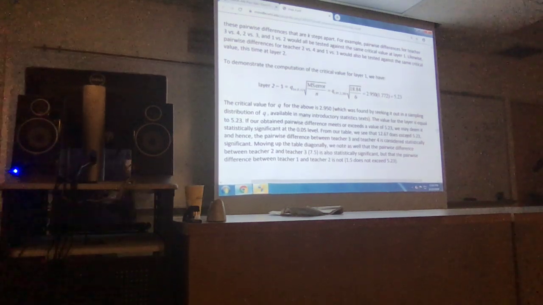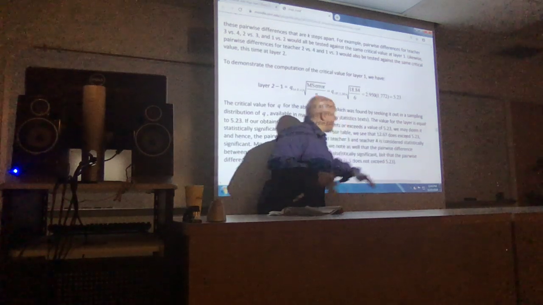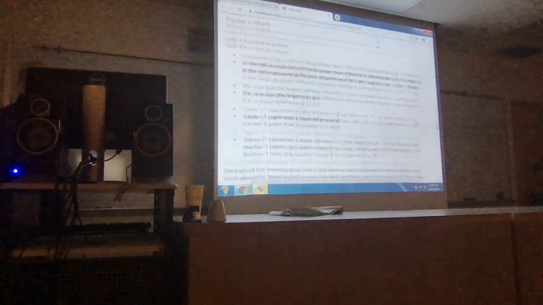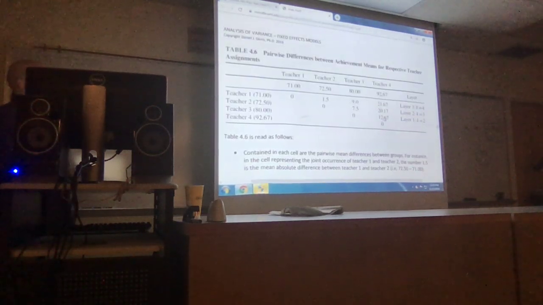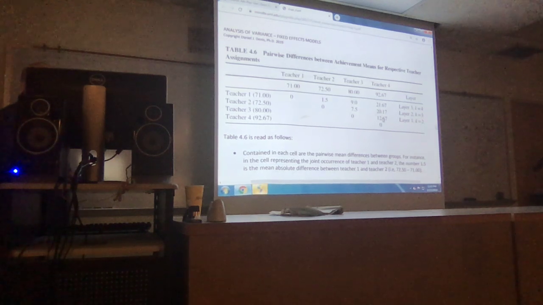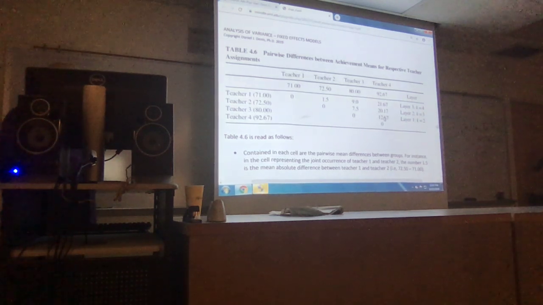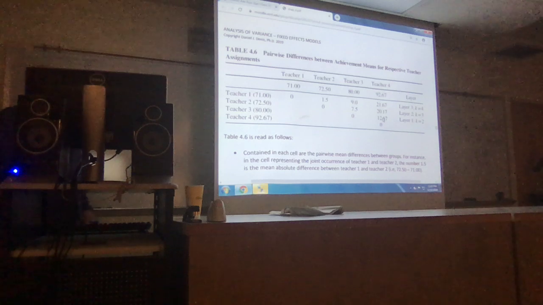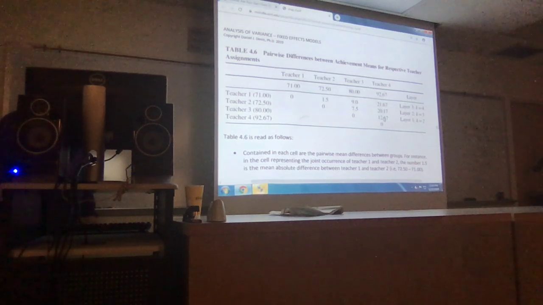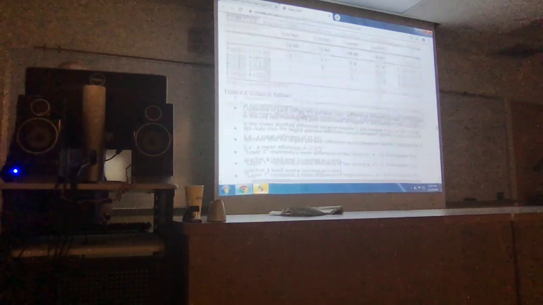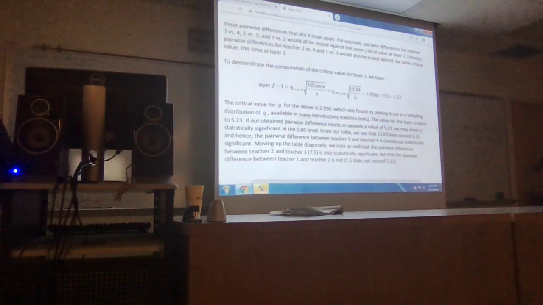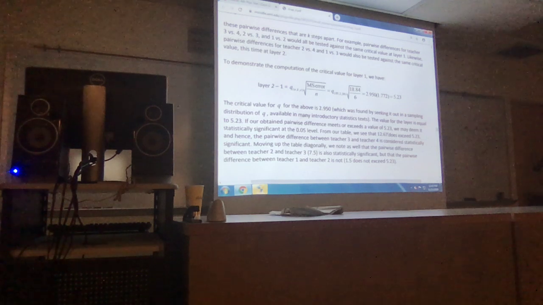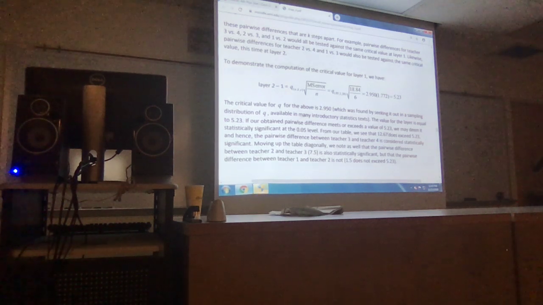We see that 12.67 does exceed 5.23, so we can say that between teacher 4 and 3 there's a statistically significant difference. In other words, the probability of that mean difference is actually pretty low under the null hypothesis. So that's how that test works, and it's going to compute different Q, different layered values, mean difference criteria for values along each of those diagonals.